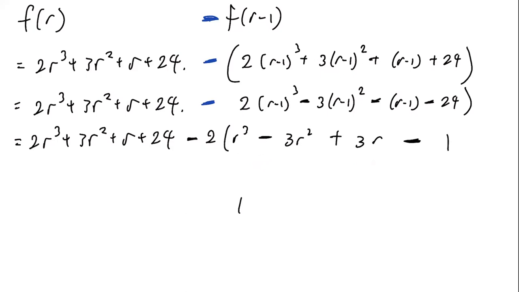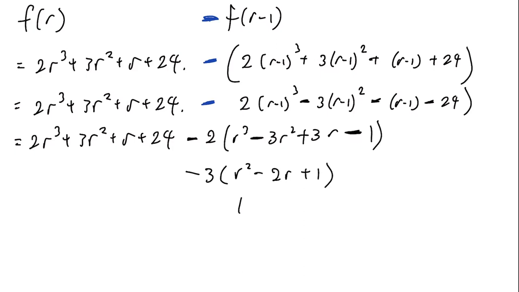r cubed minus 3r squared plus 3r minus 1. Close the bracket. Then minus 3 times (r minus 1) squared, so r squared minus 2r plus 1. Then minus (r minus 1), which we can expand: minus r plus 1.